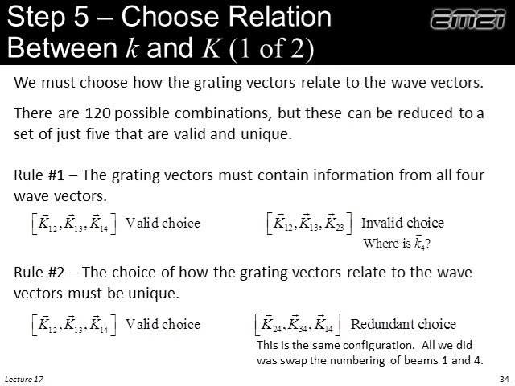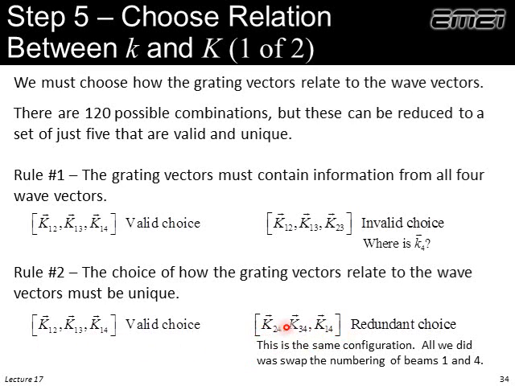The other thing is the choice of how the grating vectors relate to our wave vectors has to be unique. If there's any redundancy in there, that doesn't count. So for example, this first set of 3 grating vectors, and they're implying already the relation between the grating vectors and the k vectors by these subscripts. This is a valid choice, we've already talked about that.